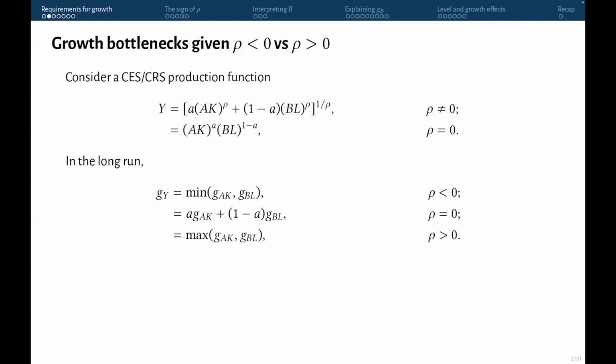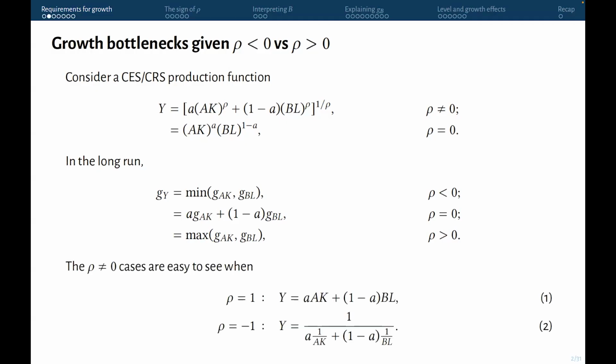So, if rho is high, like if rho is 1, you can see it's exactly Y proportional to AK plus BL. I mentioned the rho equals 1 case, that's perfect substitution. And it's easiest to develop intuition about the negative rho case by thinking about rho equaling -1, in which case, because 1 over -1 is -1, Y is like 1 over AK plus 1 over BL.